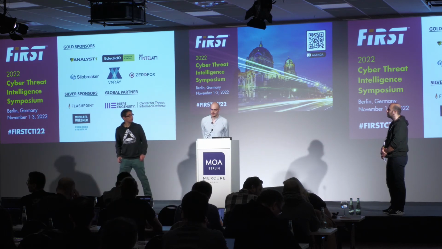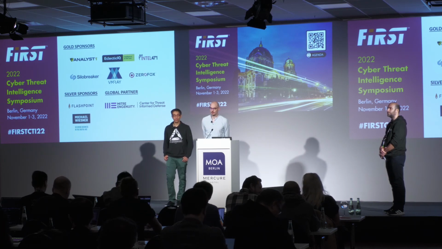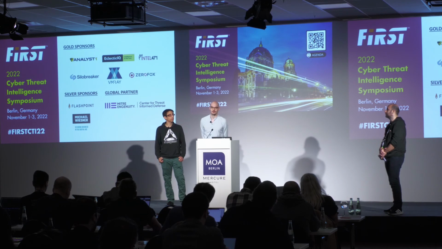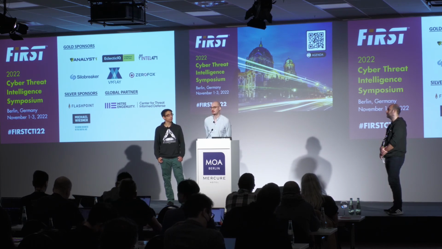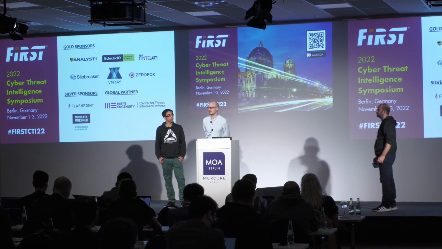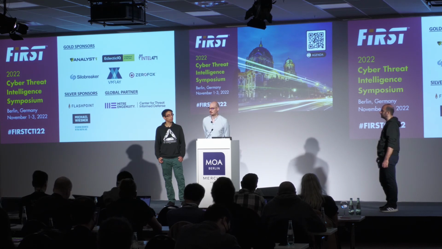Okay, so the question was, how do you collect the malware and how big is the database? So we collect from various sources, either public sources or private sources. It's a very good question, because unless you find binaries, you cannot do much, right? And there's obviously ways to find binaries. And the database is close to 100 million binaries, I would say.